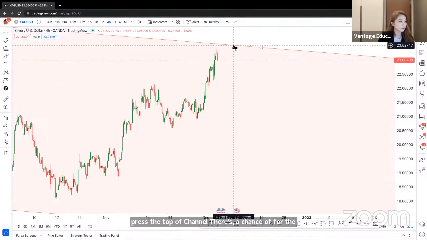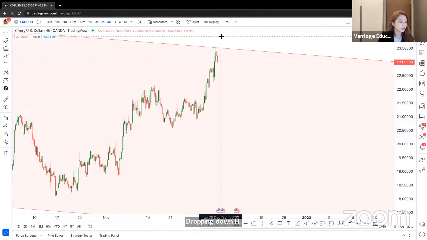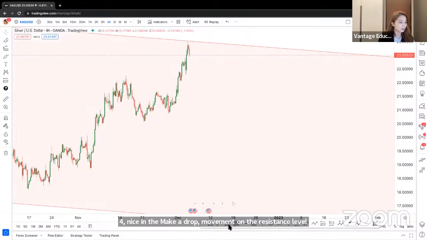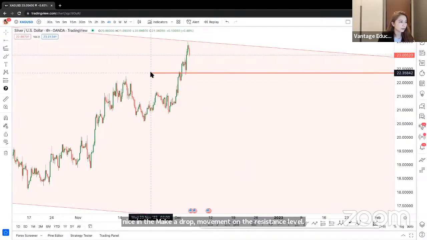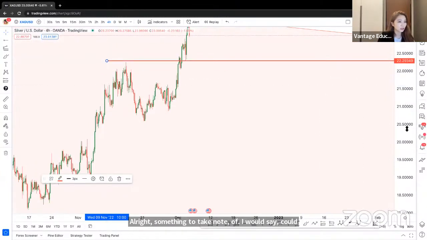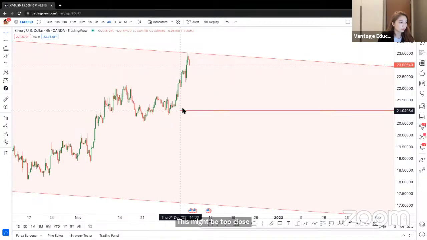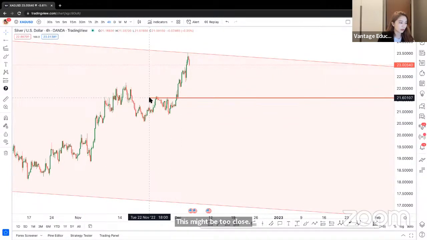H4. Price indeed made a drop movement on the resistance level. Something to take note of. I would say could make a small analysis. This might be too close. For those that prefer far down in terms of analysis, this is what we are looking at.